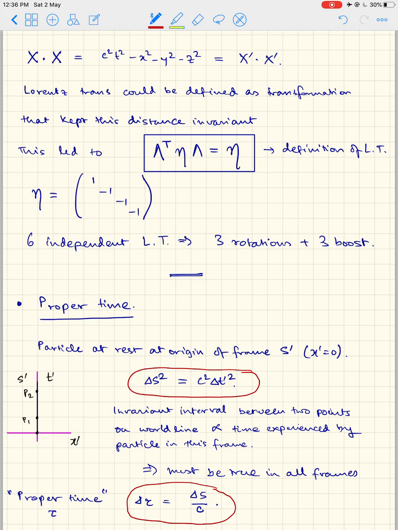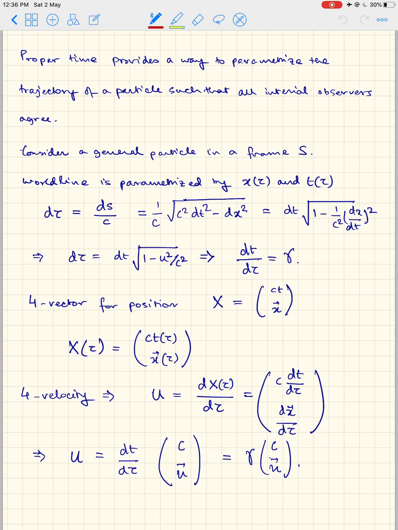Okay. So that was that. So proper time, as we said, provides a way to parameterize the trajectory of a particle such that all inertial observers will agree.